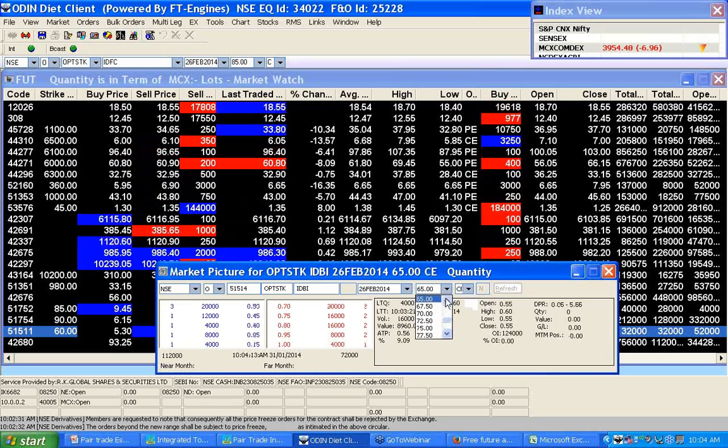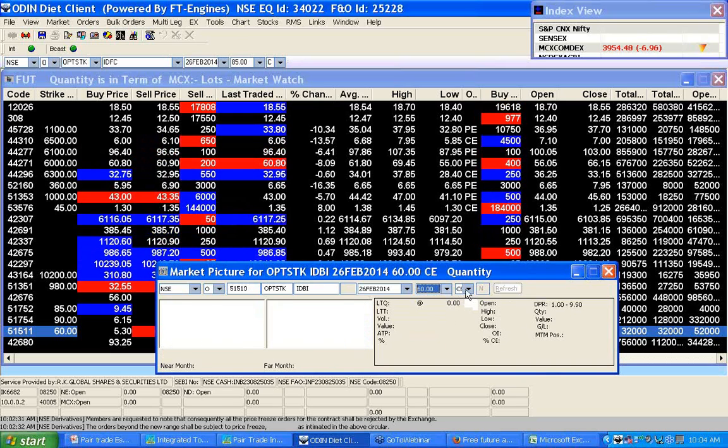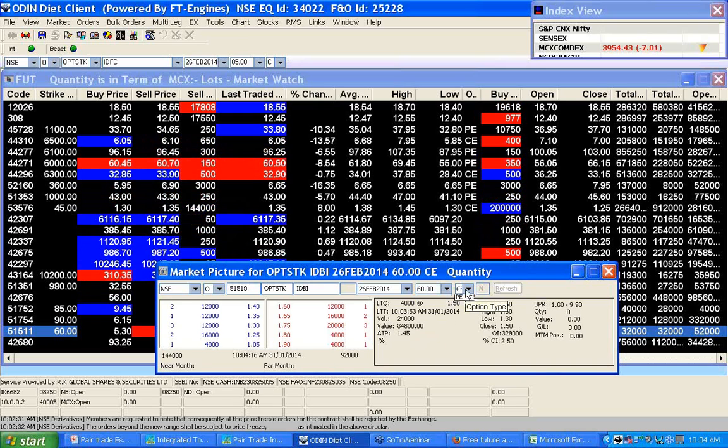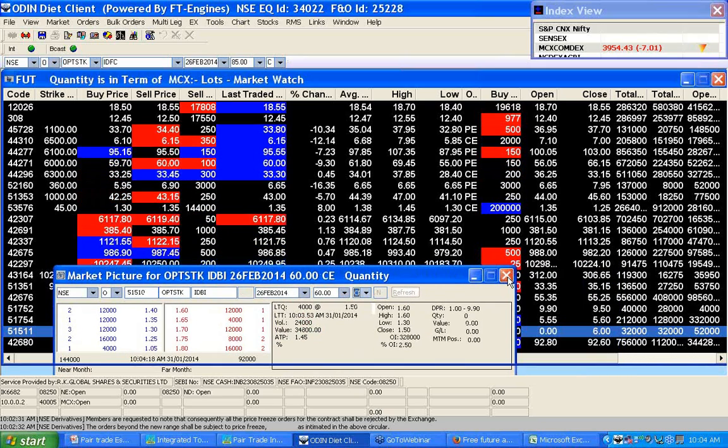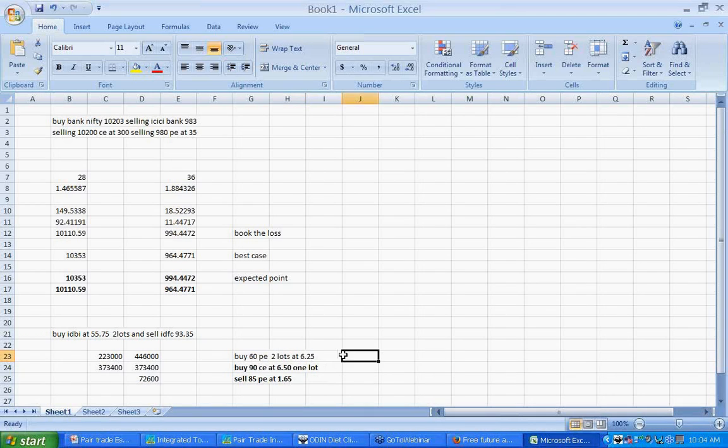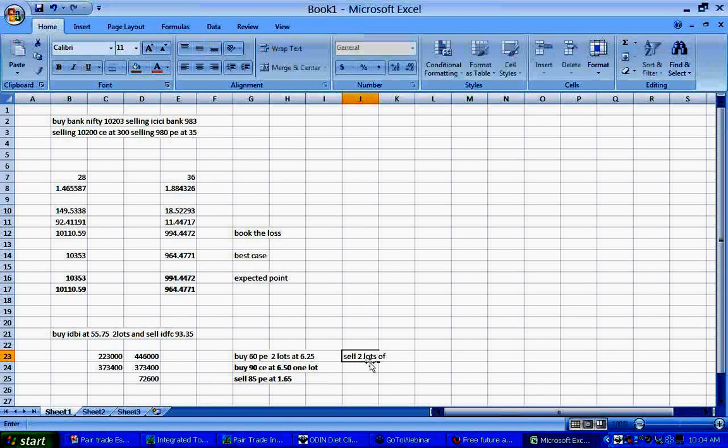It is too low, so how about a 60 call option? This is also trading in the 1 rupee 50 paisa range. So nothing wrong if you sell 2 lots of the 60 call option. This also you can do.